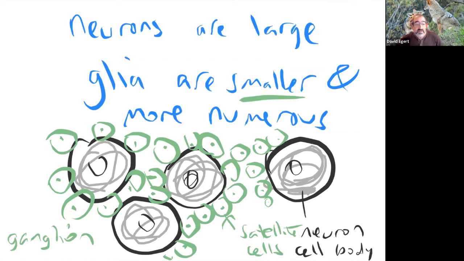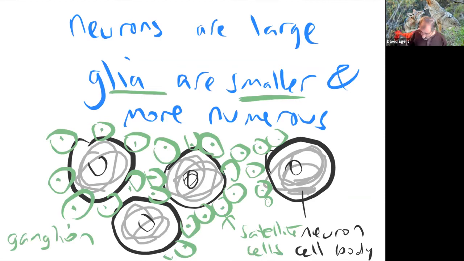So in the CNS, you don't have satellite cells. We have other types of glial cells that I'm going to talk about right now. But they still are small. So like in your brain, about half the volume of your brain is neurons because neurons are big, but you have like 10 times as many glial cells as neurons.